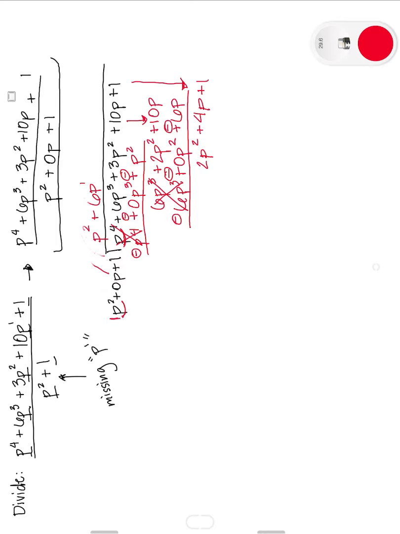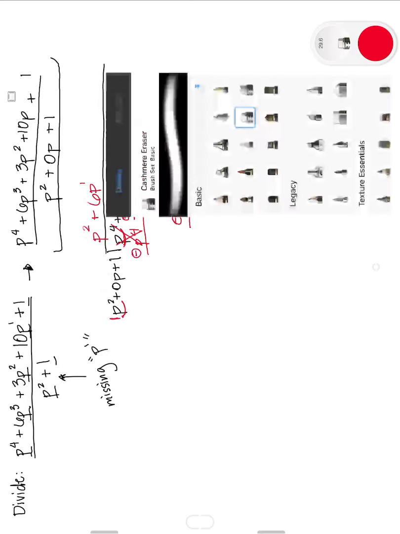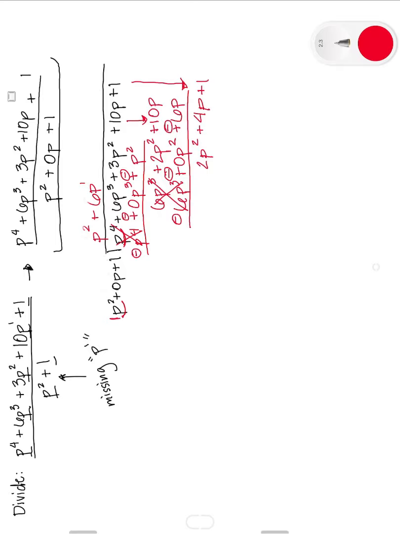So let's go ahead and find the next term of our solution. So we can still find more values because we have p to the second power and p to the second power. So whatever exponent we have in here has to be the same or higher than the exponent we have out here. If we don't have the same or higher, then that's going to be a leftover.